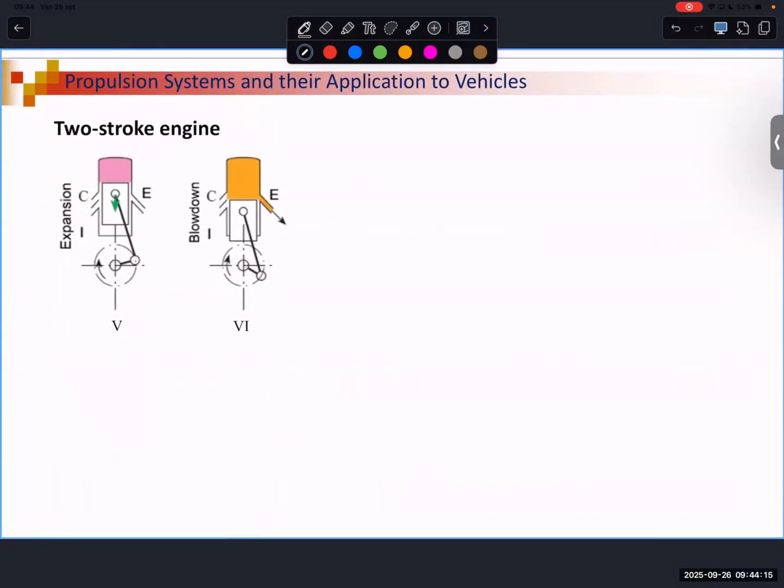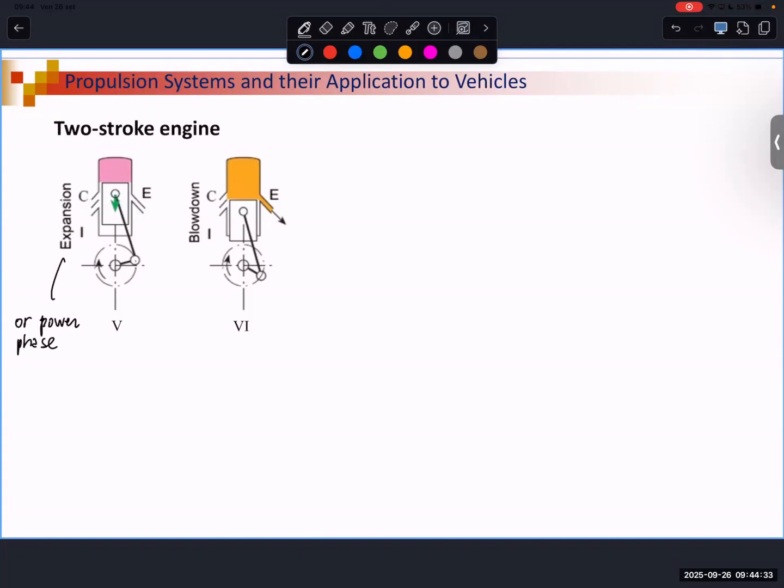Fifth phase, expansion. Expansion, or again, power stroke. Or let me say, in this case, power phase, because here we are discussing the phases.